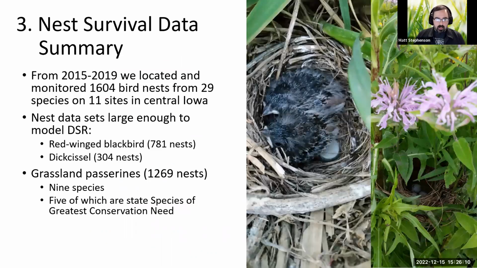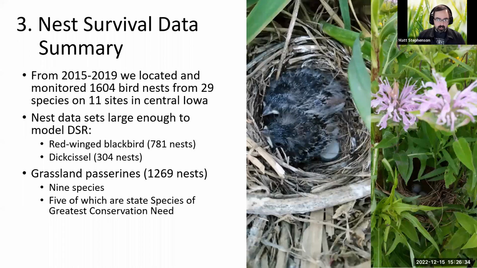For our nest survival data, this was collected at the same time as our nest density data from 2015 to 2019. We found around 1,600 bird nests of 29 different species at those same 11 sites. About half of those were red-winged blackbird nests, about a quarter were dickcissels, and the other quarter was 27 other species.